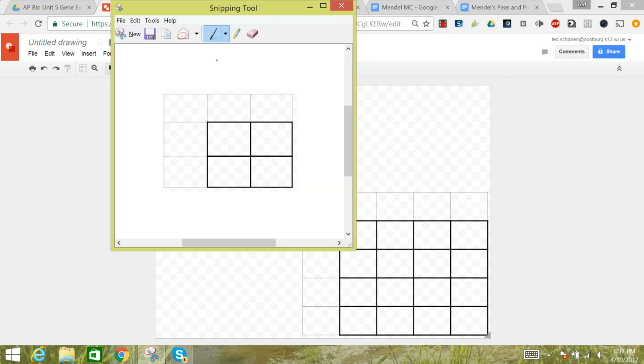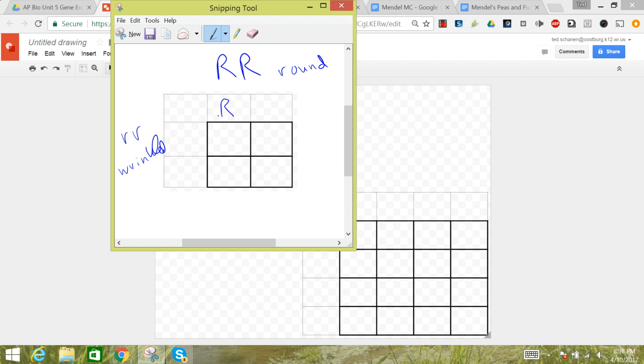Okay, so if we're going to say this is the genotype for purebred round, and this is the genotype for purebred wrinkled, what you would do is you'd look at this diploid parent, and you'd try to consider all of the different possible gametes that could be produced.